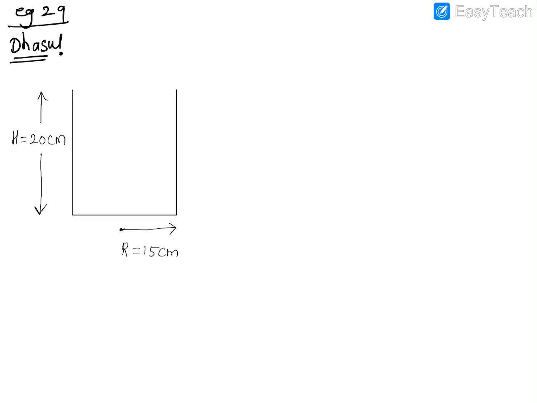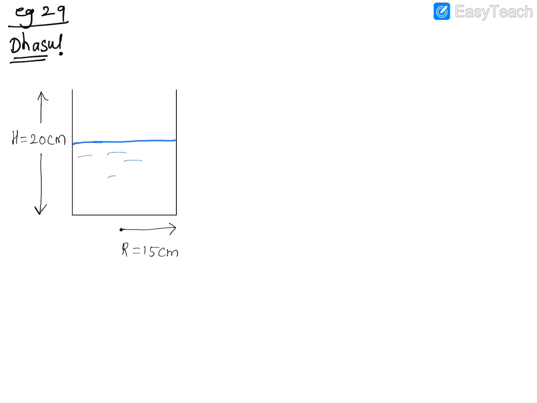A heavy iron spherical ball of radius 10 centimeter is dropped inside this. So see, first, realize that it was filled up with what? Water. We had filled it up, there was water to this level inside it.